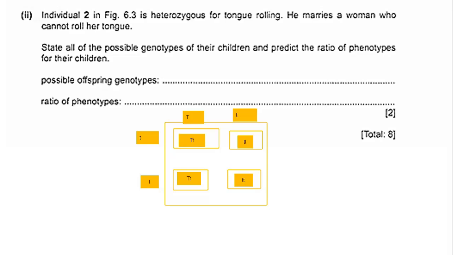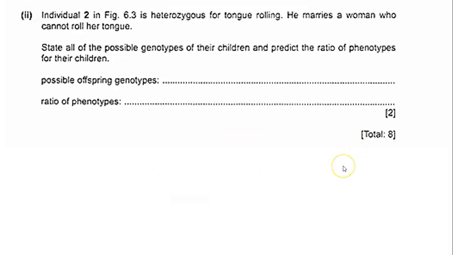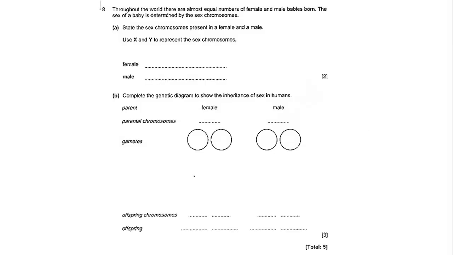So let's take a look at the answer. The possible genotypes will be heterozygous or homozygous recessive with the ratio of 1 to 1.